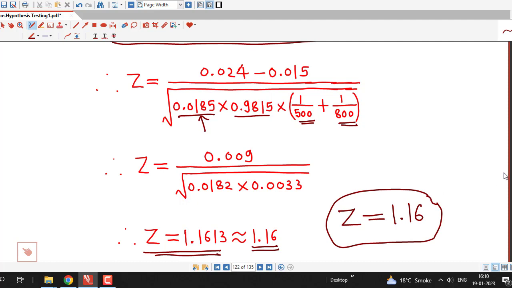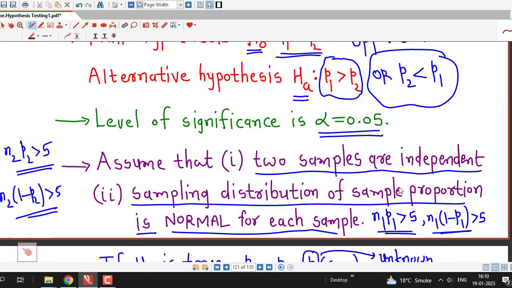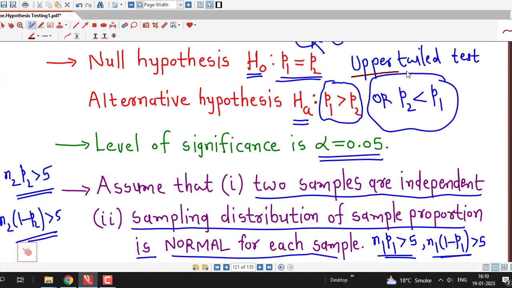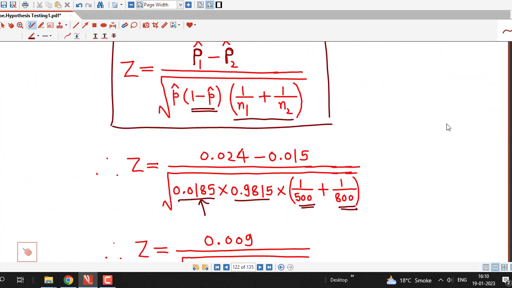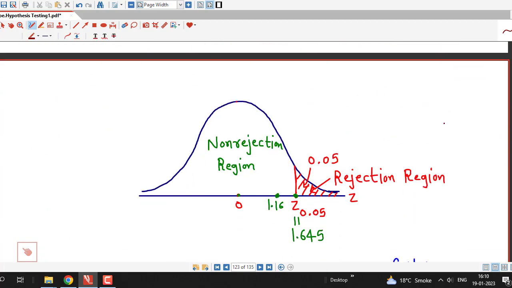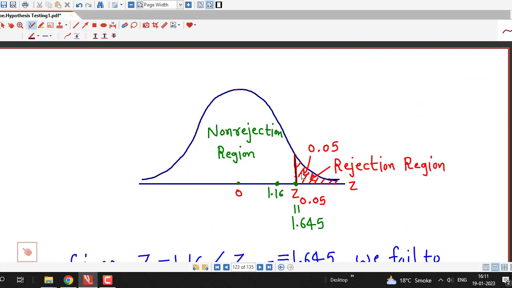Now the next step is to find the critical value for Z, so that we can decide the rejection and non-rejection regions. The level of significance is 0.05, and we have an upper tailed test, therefore we consider an area of 0.05 in the right tail, and this point we denote by Z suffix 0.05, so that the area to the right side of this point is 0.05, and this is the rejection region.